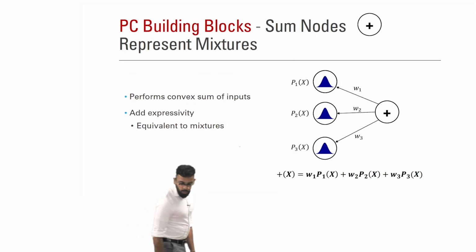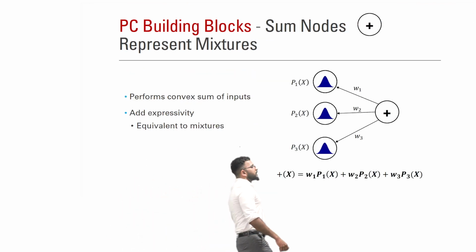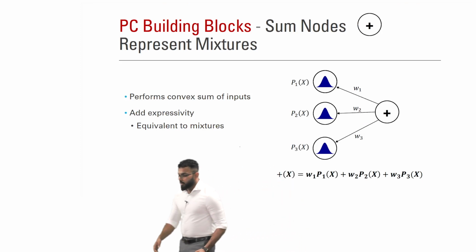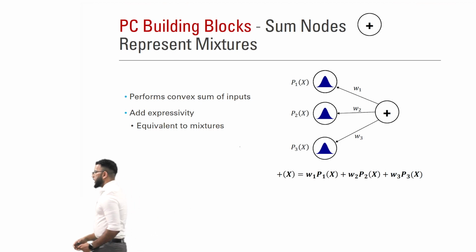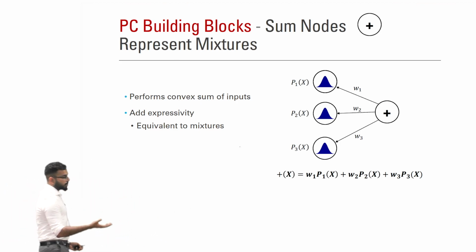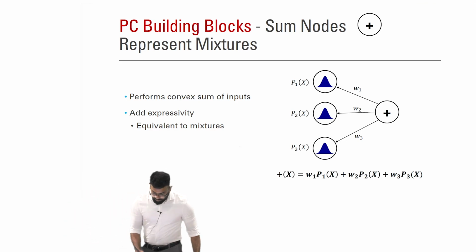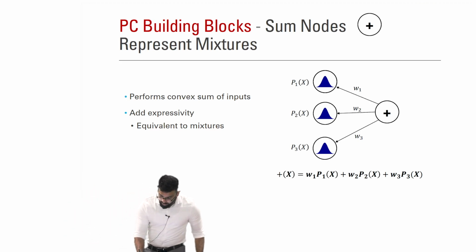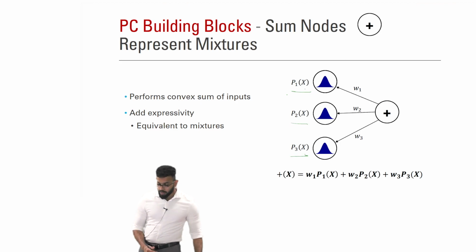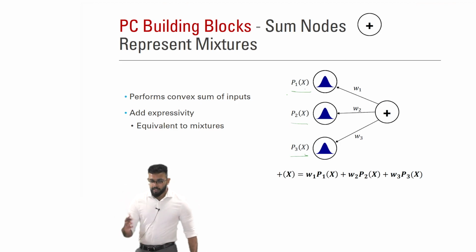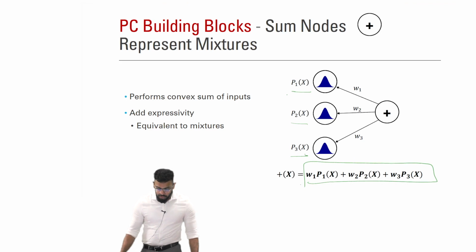Now, the third type of node is called a sum node, and what a sum node does is it represents a mixture of distributions. When you have different probability distributions defined over a variable, let's say three distributions P1, P2, and P3 defined over X, which are all Gaussians, and I take a convex sum of these distributions, what I'm basically saying is I'm taking a weighted linear combination of these distributions.